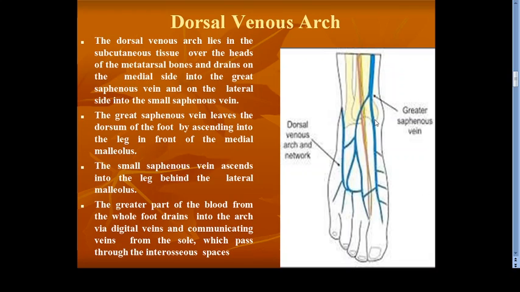So the great saphenous vein ascends just in front of your medial malleolus, whereas the short saphenous vein runs just behind your lateral malleolus. The greater part of the blood from the whole of the foot drains into this arch via these digital veins and the communicating veins from the sole, which pass through the interosseous spaces.